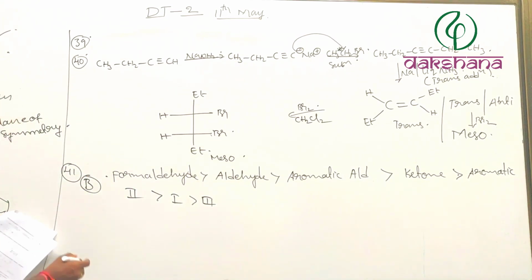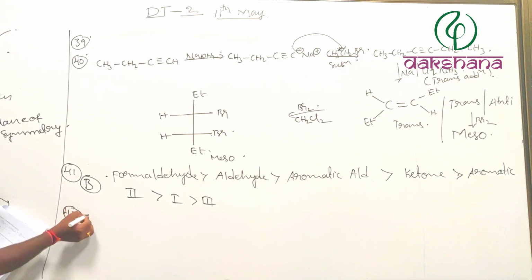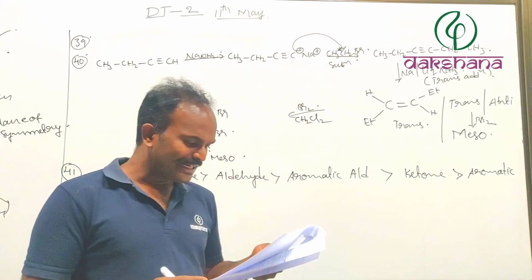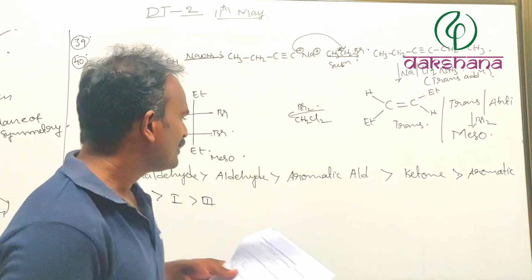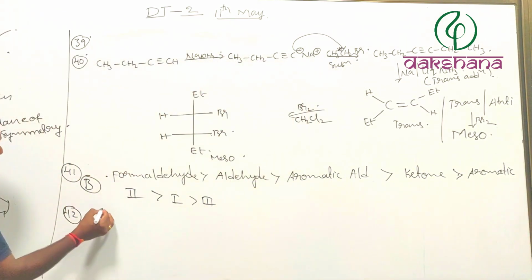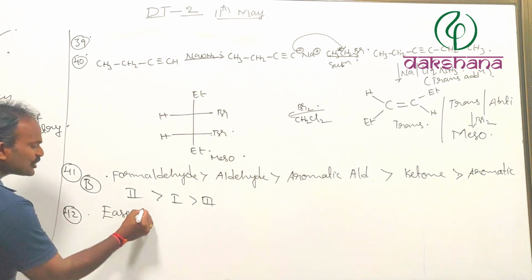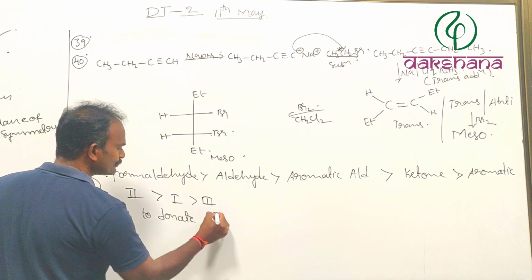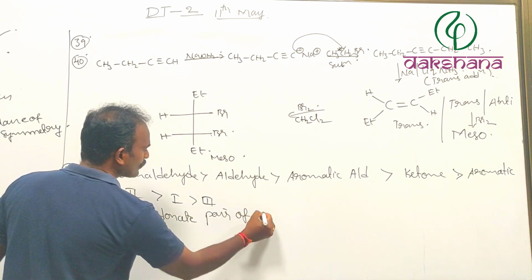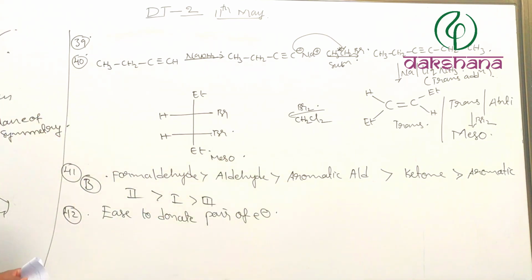Now, question number 42. In question number 42, they are asking about the increasing order of the basic strength. Basic strength means the ability to donate a pair of electrons.